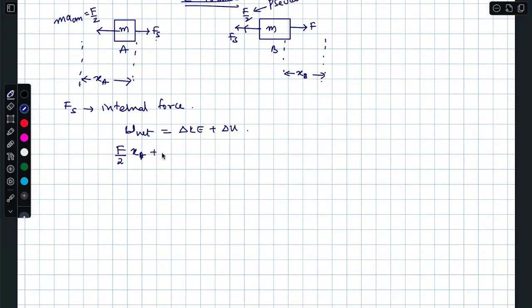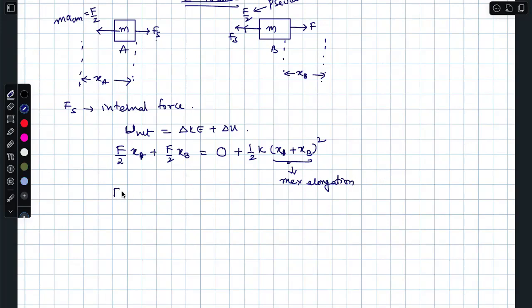The right side is also a net external force, remember, not internal. When the spring is maximum compressed, both the blocks will be at instantaneous rest. And this is half K times XA plus XB whole square. This is the maximum elongation. Any doubt till this point?